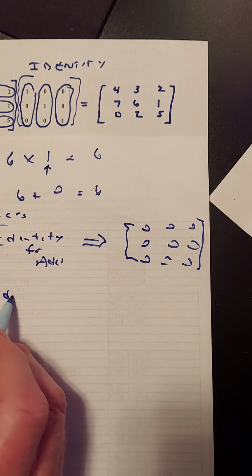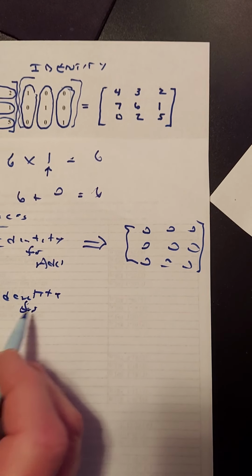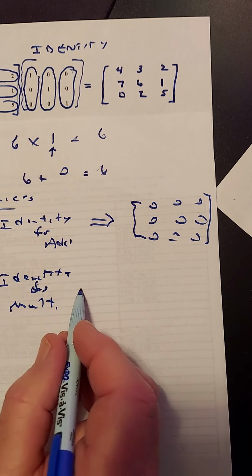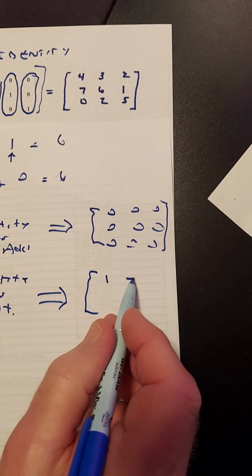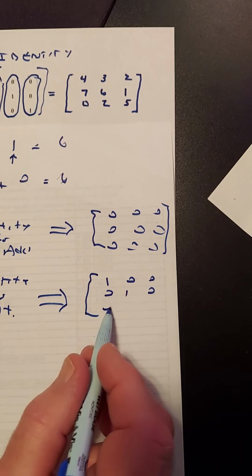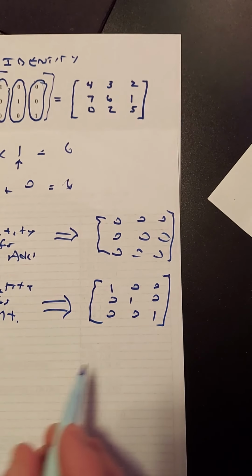The identity for multiplication is 1, 0, 0, 0, 1, 0, 0, 0, 1. And that's for 3 by 3.